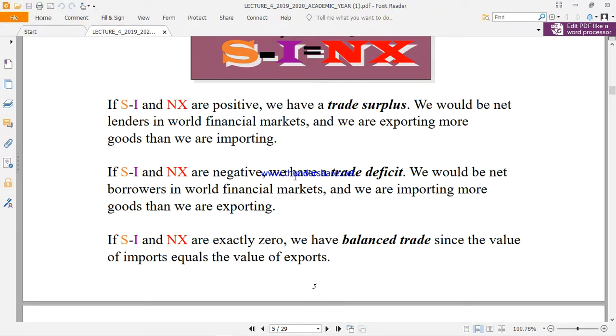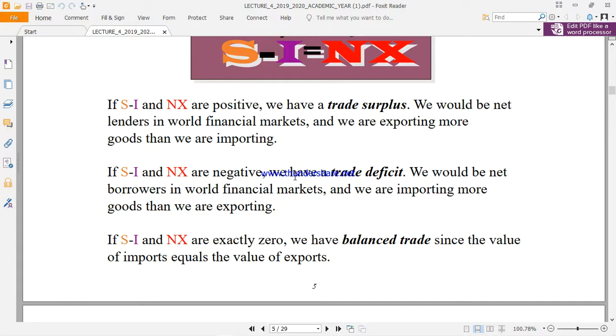Now, what I was saying is this. If savings minus investment is positive, then we have a trade surplus. What do I mean by this? If savings minus investment is positive, then savings are greater than investment, which means the money that we saved is actually greater than what we are demanding for investment.